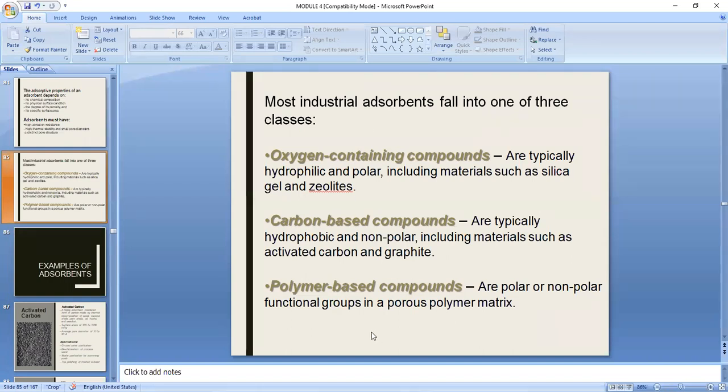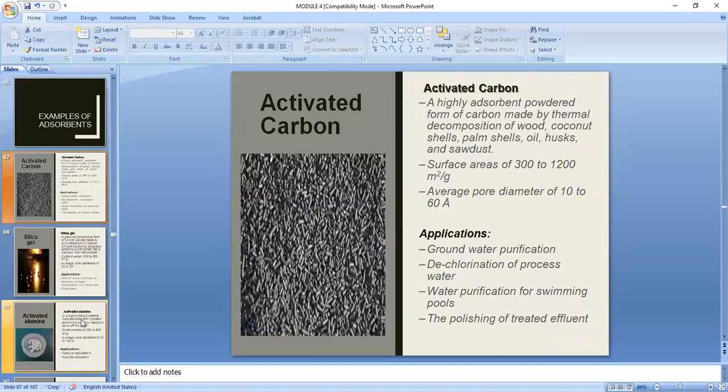What about polymer-based compounds used as adsorbents? They have either polar or non-polar functional groups with a porous polymer matrix. So these are the three types of adsorbents being used. Let's look into them one by one.